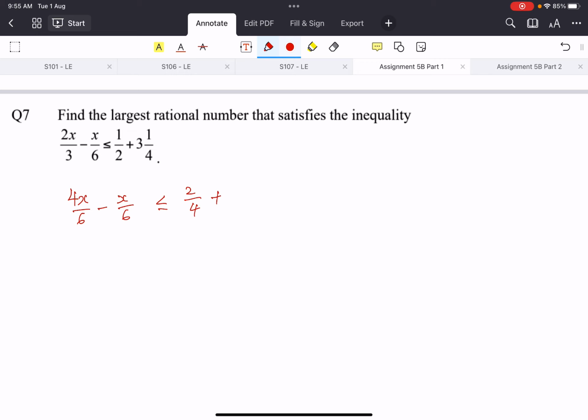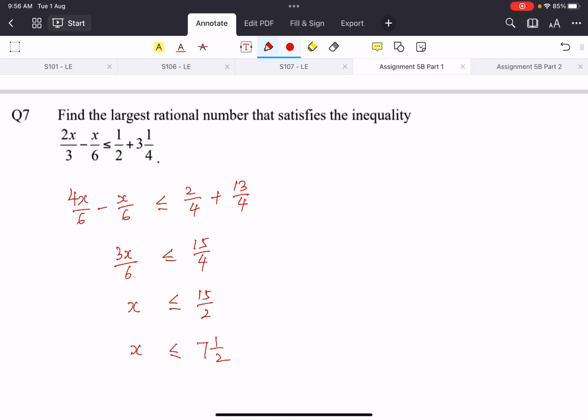Plus 3 1/4 is actually 13 over 4. So simplifying this, we have 3x over 6 less than or equal to, putting these together, 15 over 4. 3x over 6 is actually x over 2. That results in x less than or equal to 15 over 2. If you write it as a mixed number, it will be 7.5.